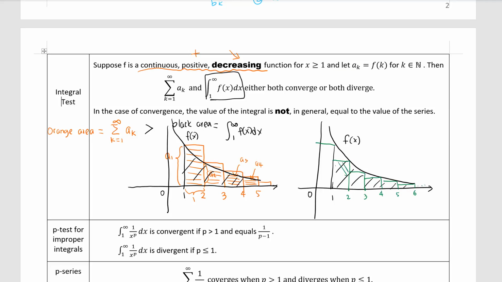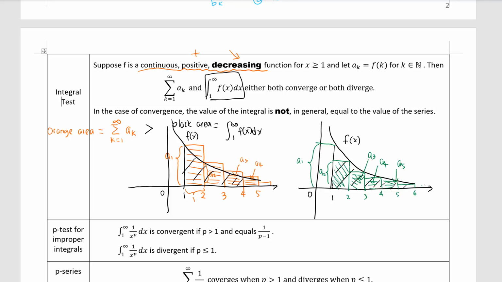Well, this guy is actually f of 2, so a2, and this guy is f of 1, so a1, and then this guy is a3, this is a4 and a5. So far so good, everybody?